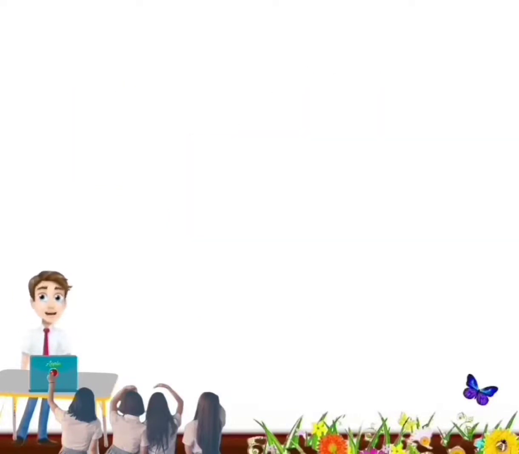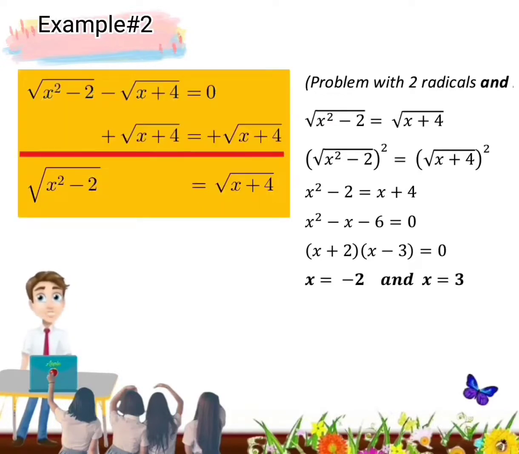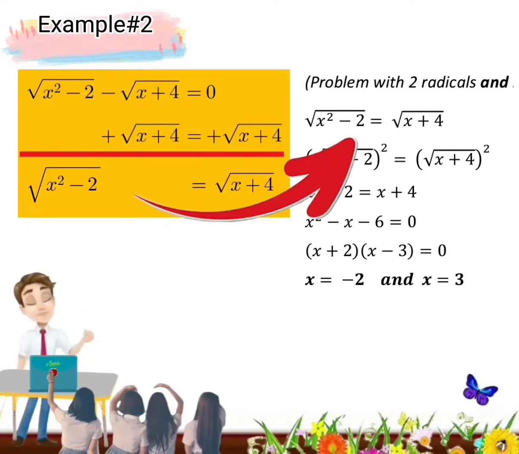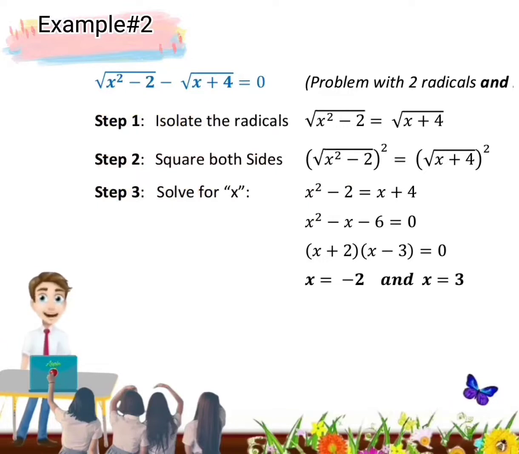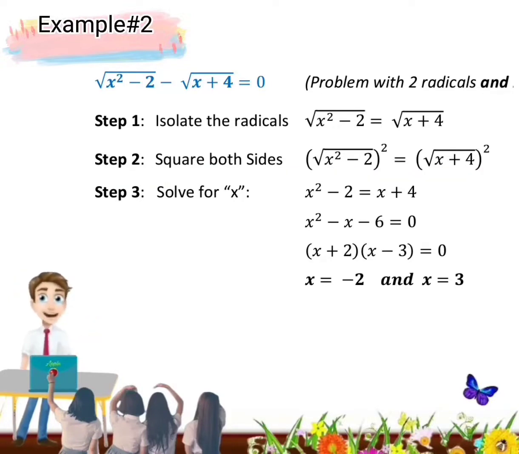Thank you very much. In example number 2, we have two radicals in this equation. If we have two radicals, then we are going to isolate the radicals on both sides of the equation. And then after isolating by using the addition property of equality, we will proceed now to step 2, that is squaring both sides so that we can now remove the radicals.